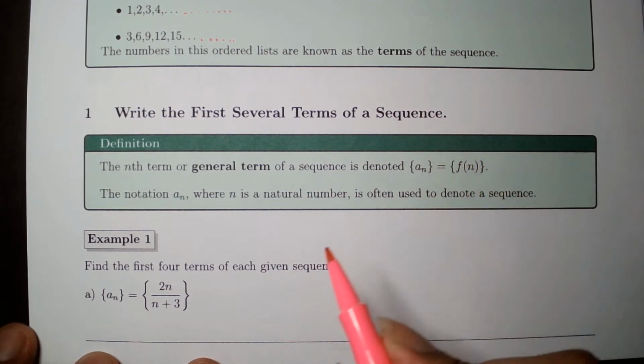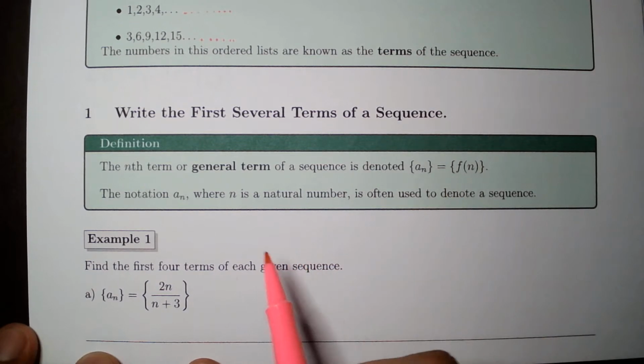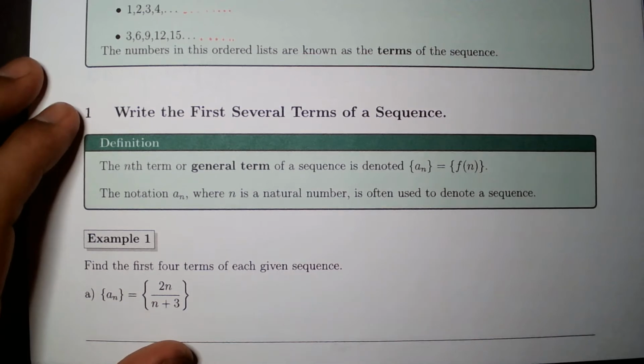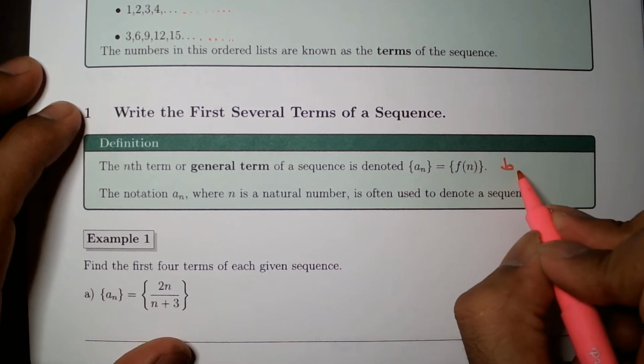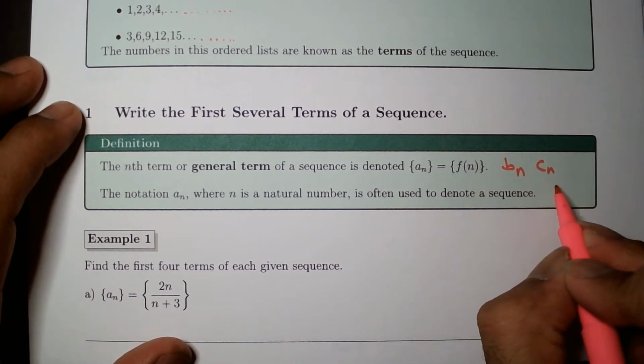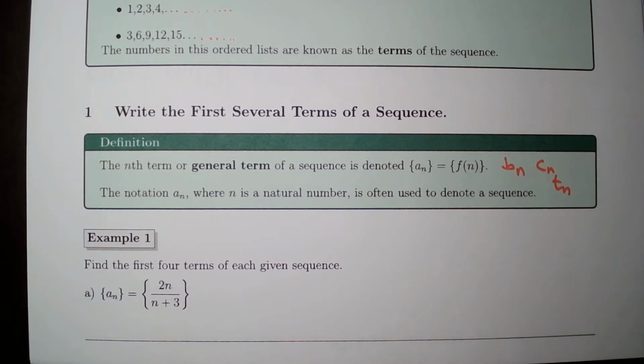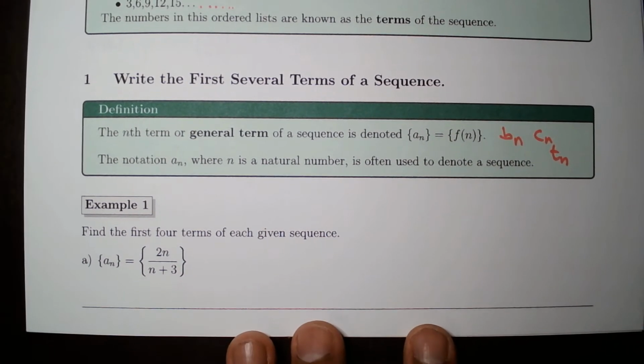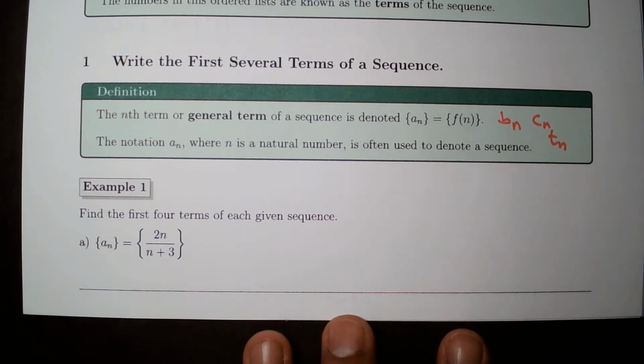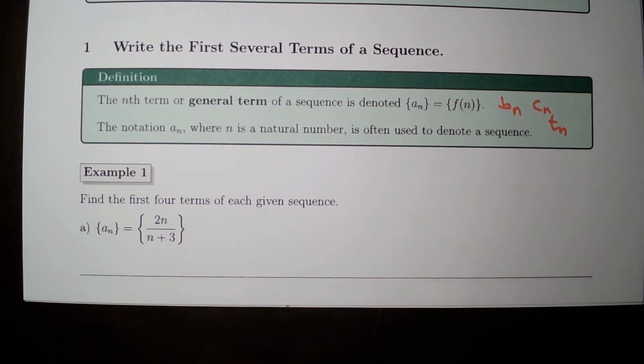A sub n is the one used to denote sequences, but we also use b sub n, c sub n, or t sub n. So over here, let's find the first 4 terms of each given sequence.